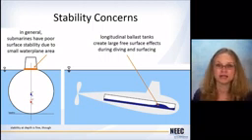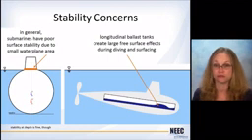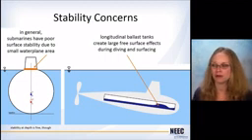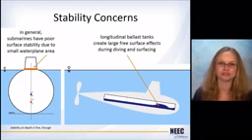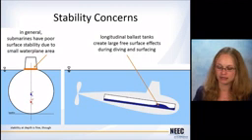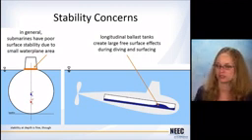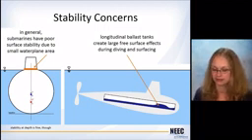And then the second thing is, again, going back to the free surface effect that we've talked about before. In that other lecture, we said, okay, free surface effect, very bad. What we'll do for transverse stability is make it so that instead of having wide tanks, we'll have long, narrow tanks. That way there won't be as much sloshing and there'll be lower free surface effects, and we will have a stable ship. Excellent.